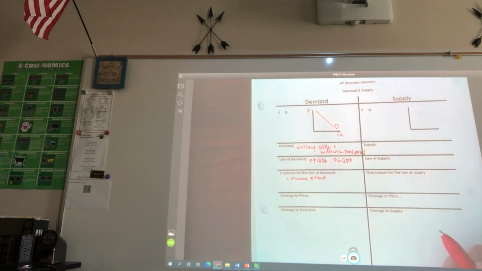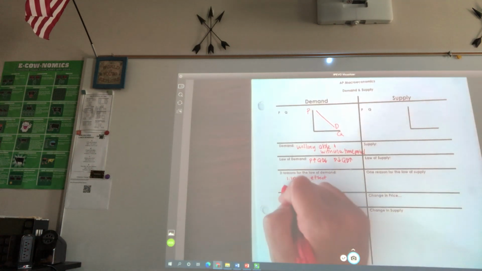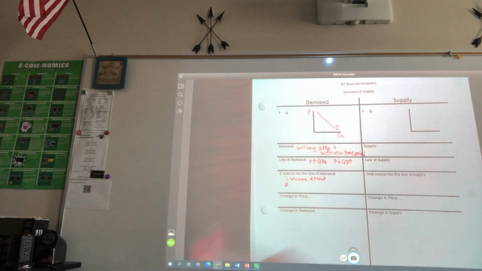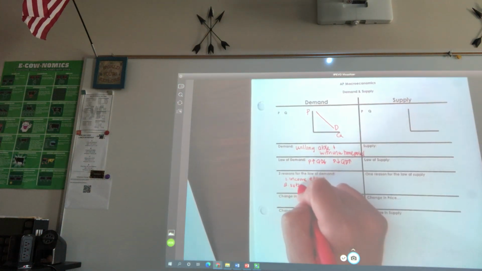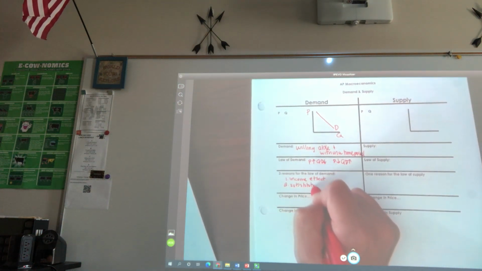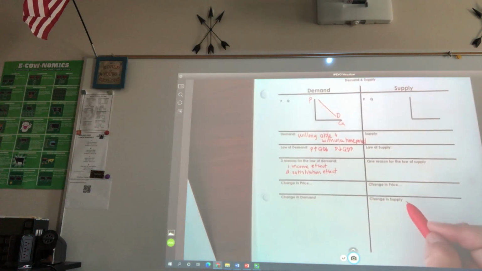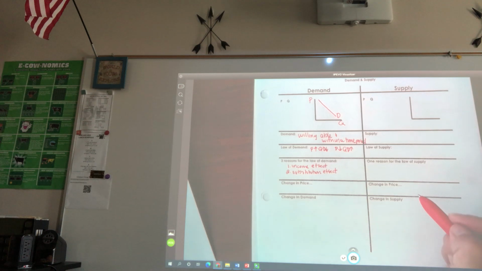And you're probably gonna buy less, okay? The second reason is the substitution effect. That if the price of something you like goes up, can y'all substitute with something else?